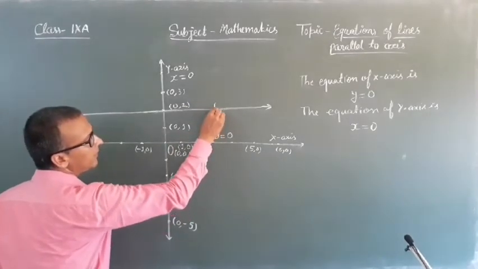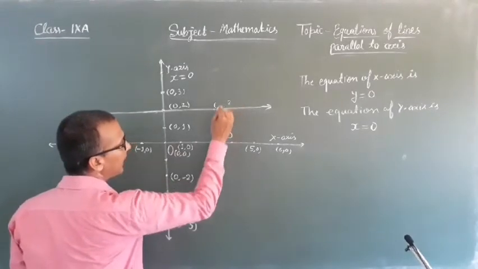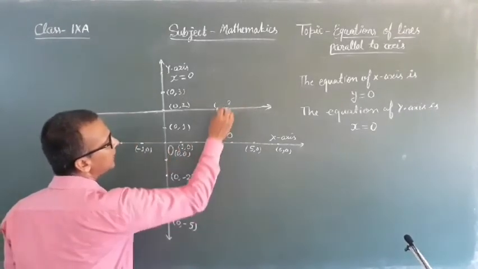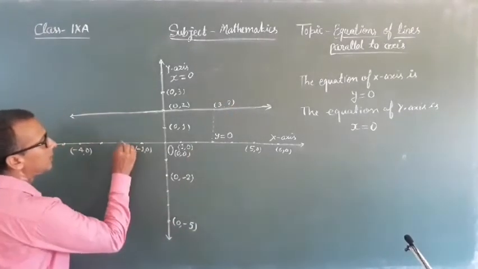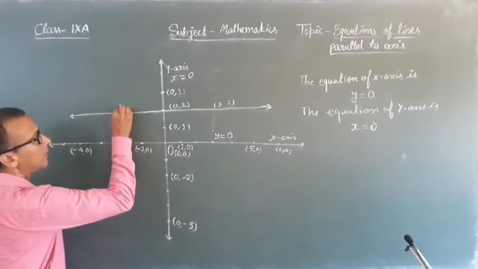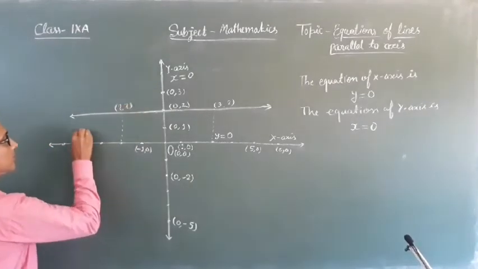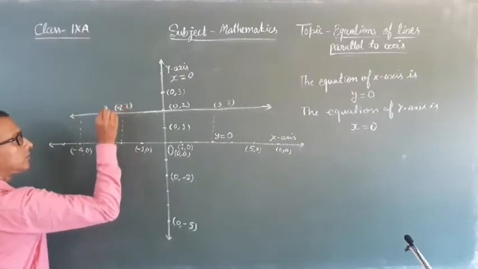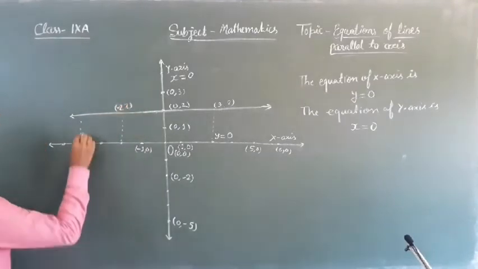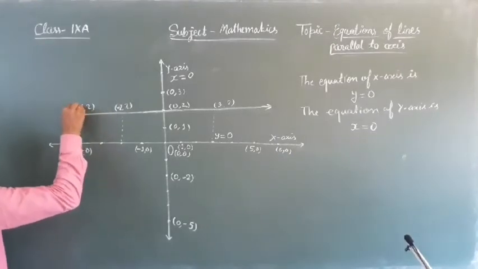What will be the coordinate of this point? Y is equal to 2 and x is equal to 1, 2, 3. (3, 2). (2, 2). Sorry, this one is (-2, 2). (-4, 2).